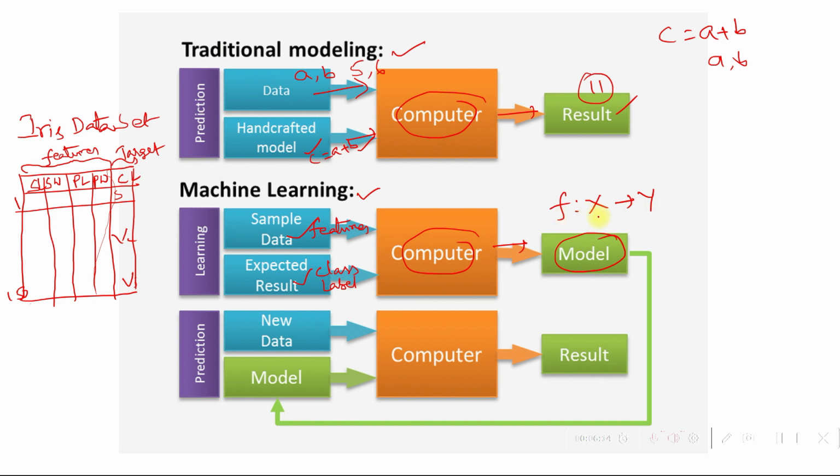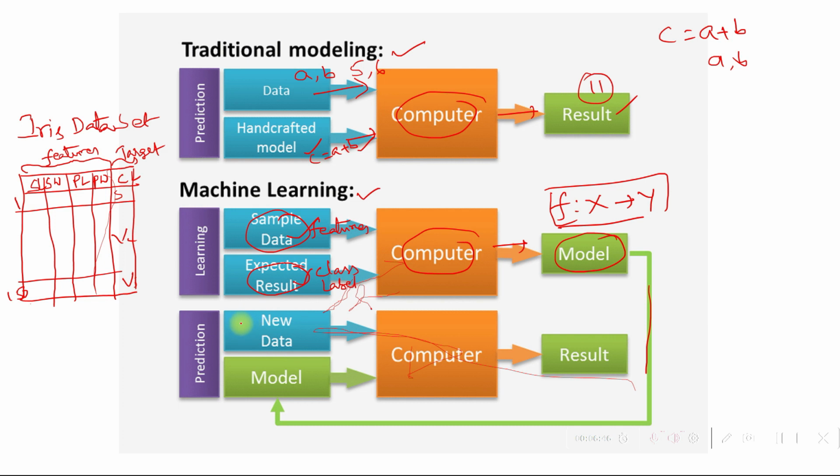This is the one model that is going to be generated between the sample data and the corresponding results. Now we are giving some new data to the model.